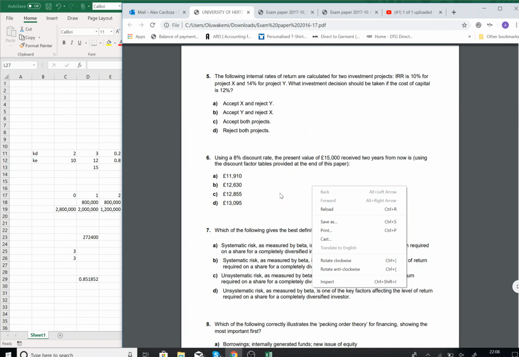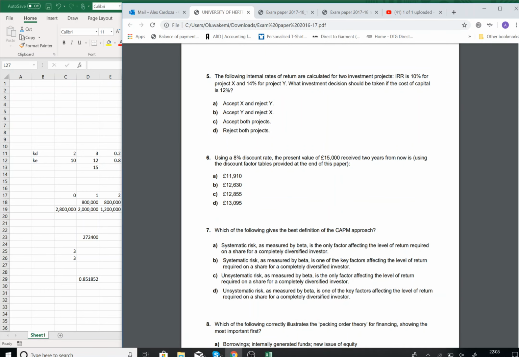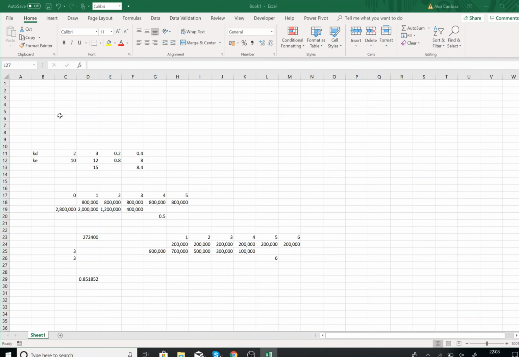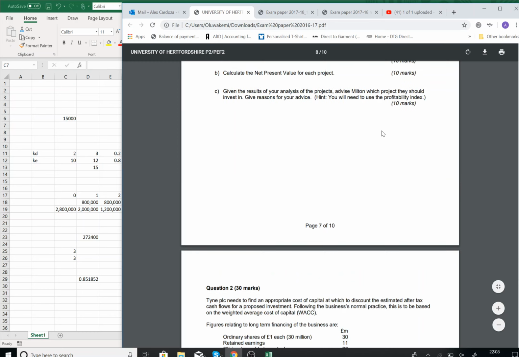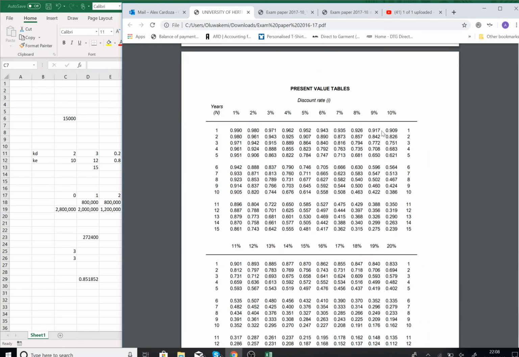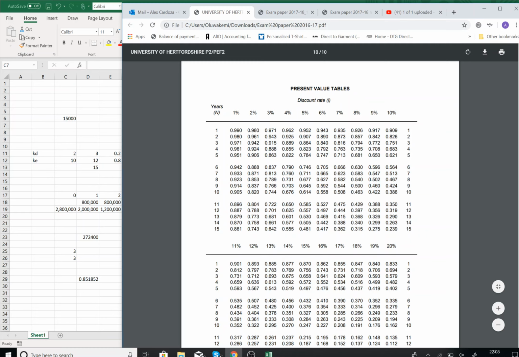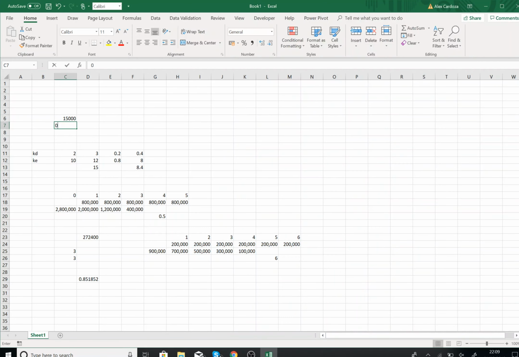Using a discount rate of 8%, the present value of 15,000 received in 2 years from now is what? So you would look down that, so you take 15,000, look down here, and you get 8%, so 2 years at 8%. 2 years here, 8%, 0.857. 0.857 equals that, times that.